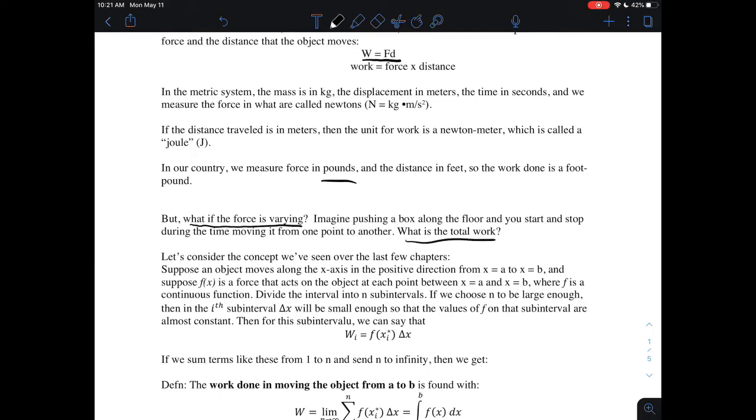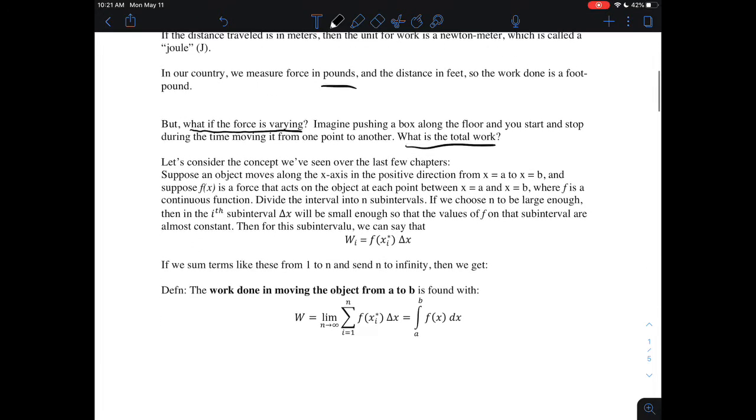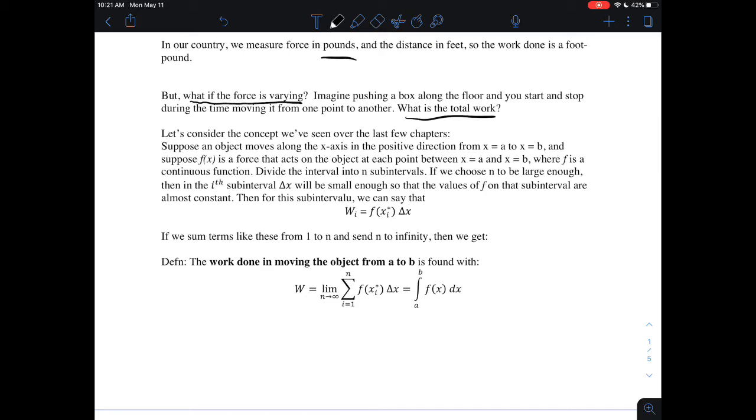So to figure this out, let's consider the concept that we've seen over the last few chapters. Suppose an object moves along the x-axis in the positive direction. So if you want to think of a simple visual, here's a line that represents the x-axis, and if we're moving in a positive direction, it means that we're considering moving to the right.